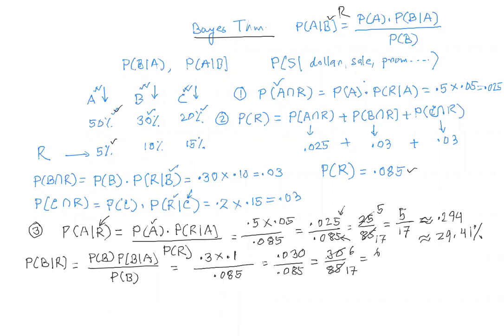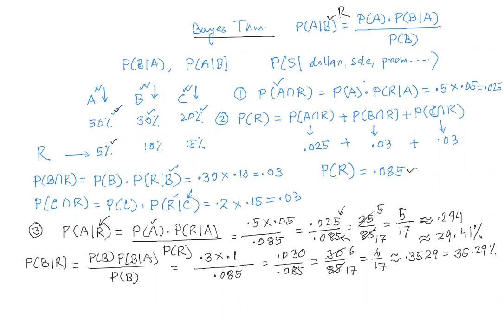So this is going to give you 6 over 17, which is approximately 35%. 6 over 17 is 0.3529, that's equal to 35.29%. So there is about 35% chance that the person will stay at hotel B, given that there was a reservation problem.